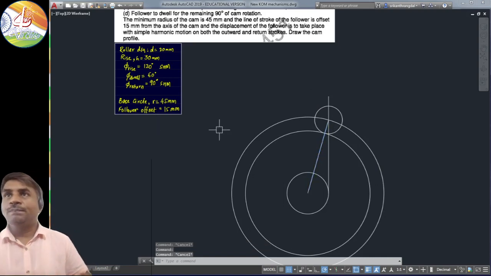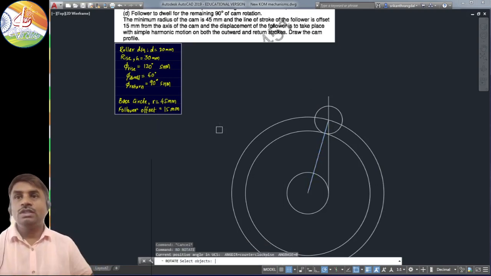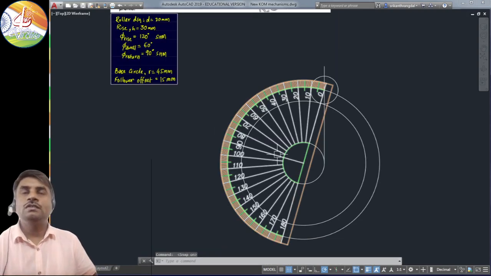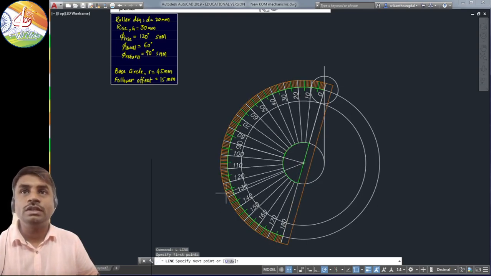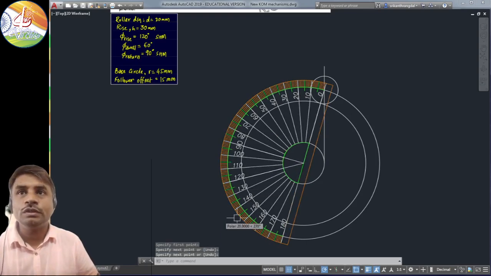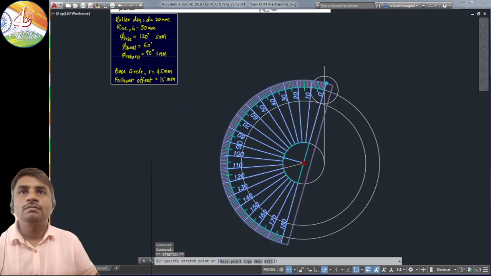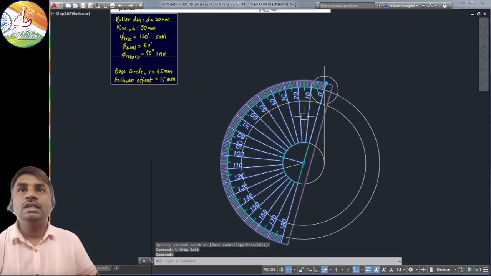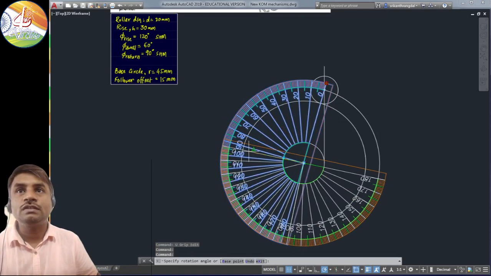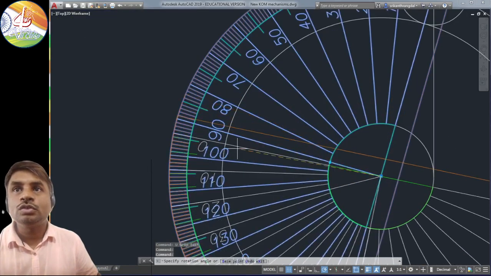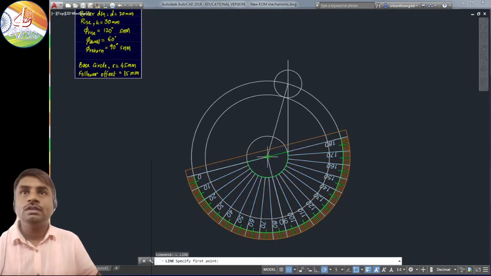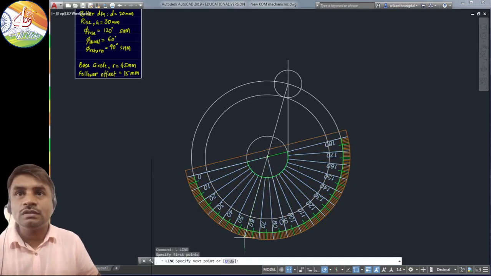So let's begin. The angle of rise has been given as 120. Here you need to place your protractor like this, and take that angle of 120. That's over here. The next angle that we want is the dwell angle, and that dwell angle is 60 degrees. So let me rotate it to 120 degrees, and from this line we need an angle of 60 degrees.